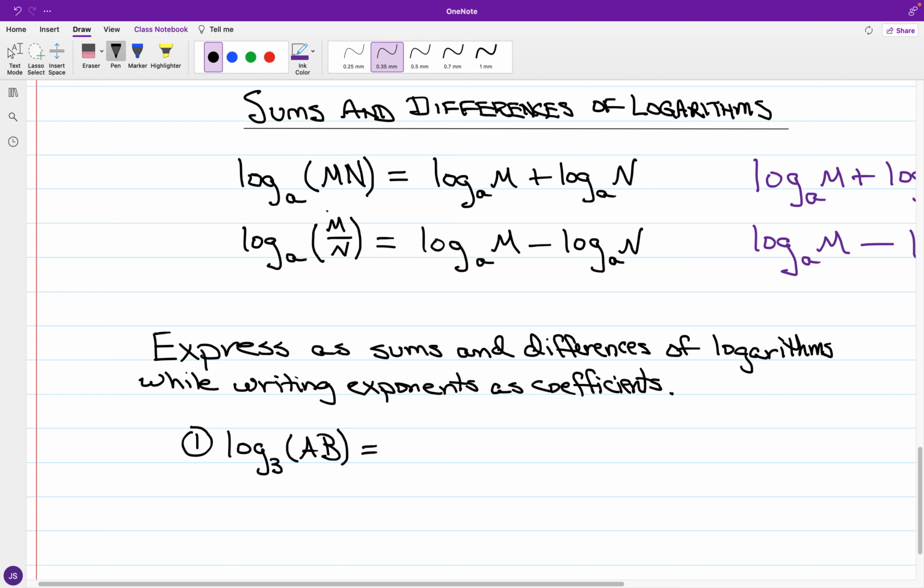We could say that this is an application of the base a log of m times n. So the base a is represented by 3, and m times n is represented by a times b. And upon expanding, I'm going to detach a from b and write out separate base 3 logarithmic terms.